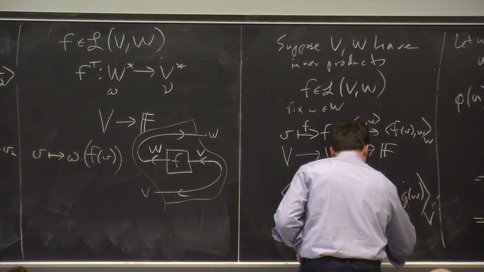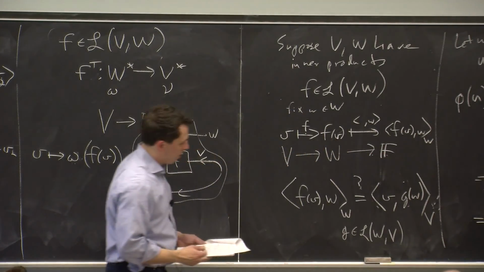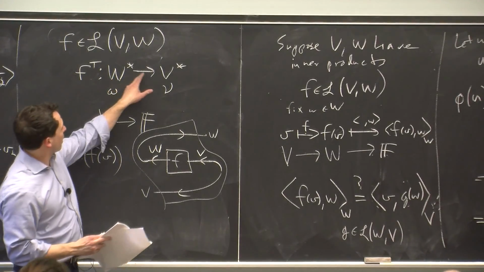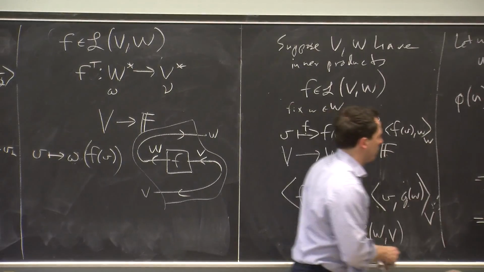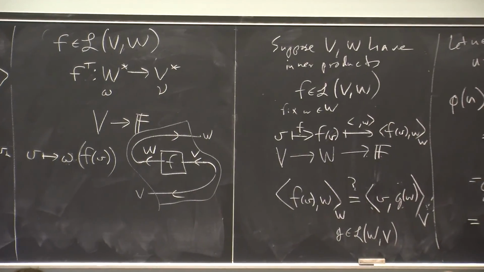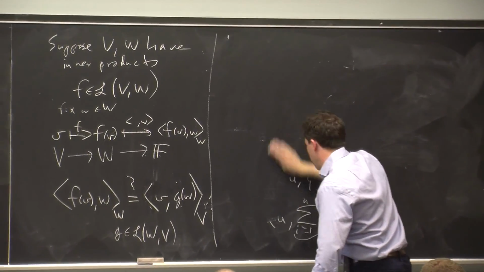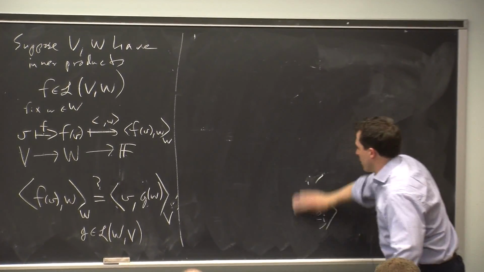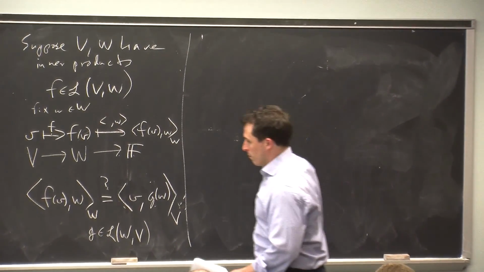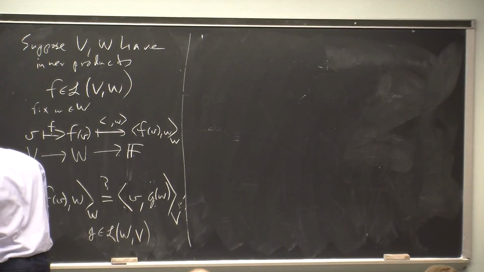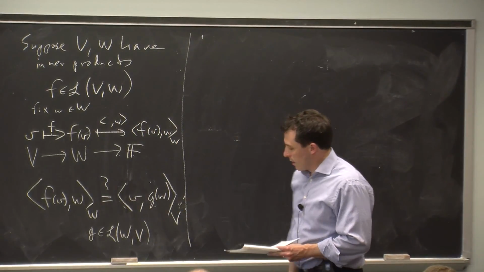So G would be a linear transformation from W to V. And this would be an honest transformation, without the stars, that goes in the other direction. And it sort of allows me to translate my inner products between these two languages, the inner product in the space V and the inner product in the space W. So such a thing does exist, and such a function G does exist and is linear.